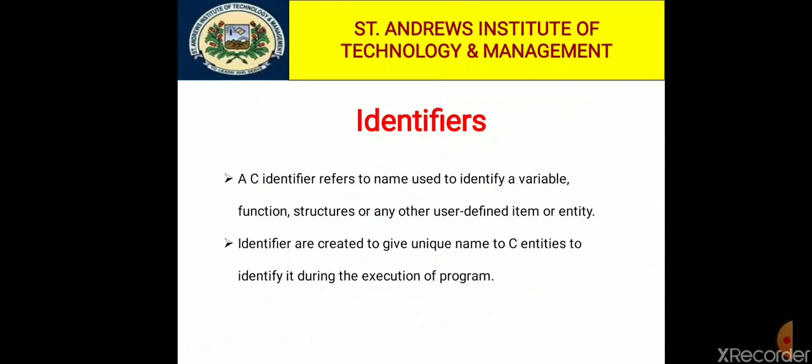Identifiers are created to give unique name to C entities to identify them during the execution of program. An identifier can be composed only of uppercase, lowercase letters, underscore and digits, but should start only with an alphabet or an underscore.